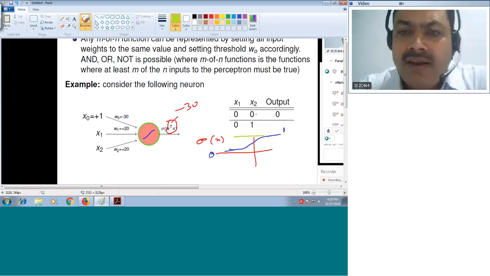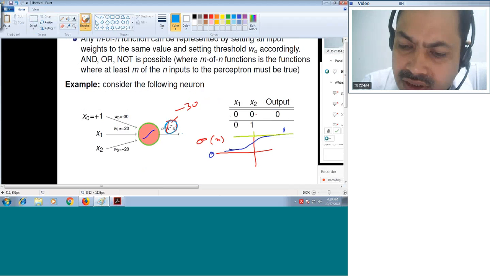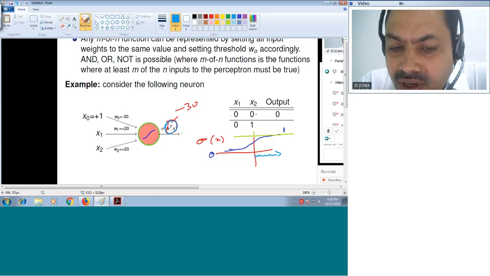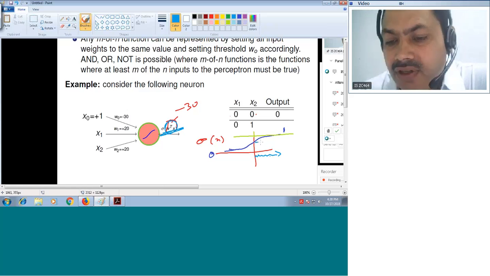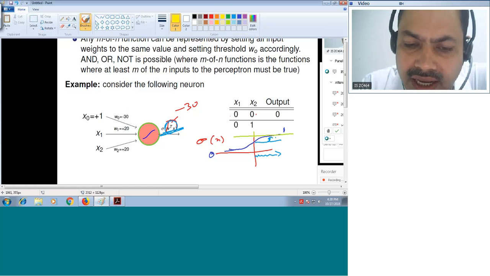All right. If this summation is positive, meaning you are in this area, then the sigmoid would have a value greater than 0.5. If this value is negative, then the sigmoid is less than 0.5.